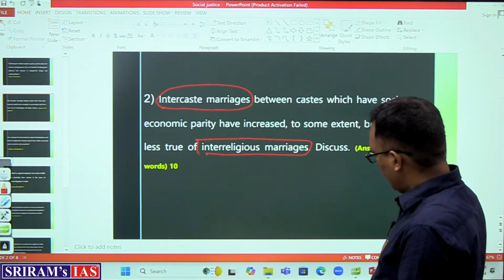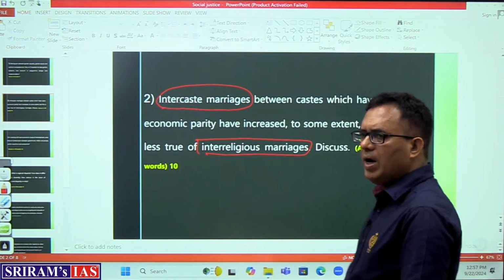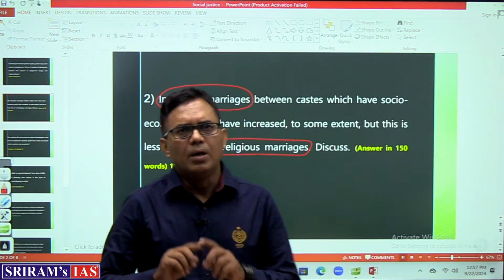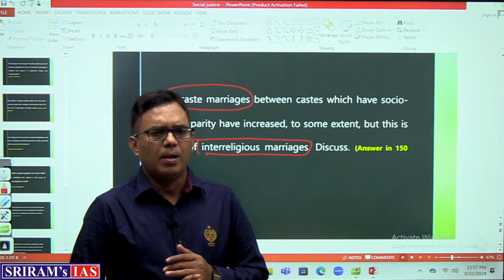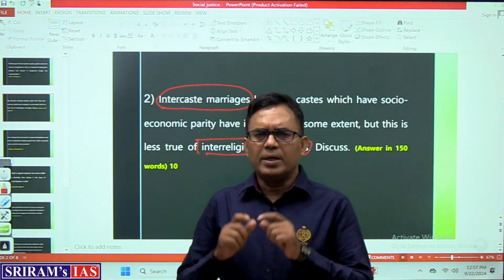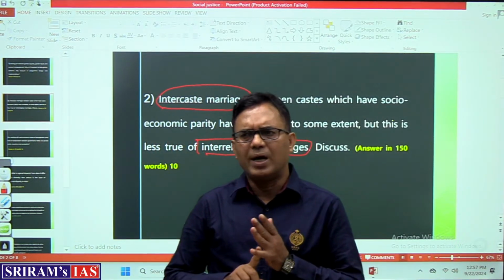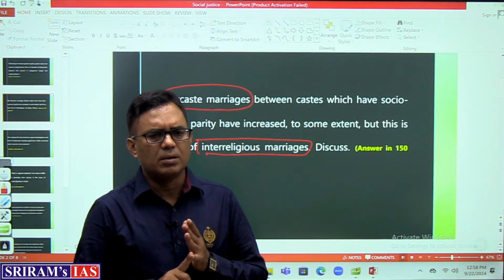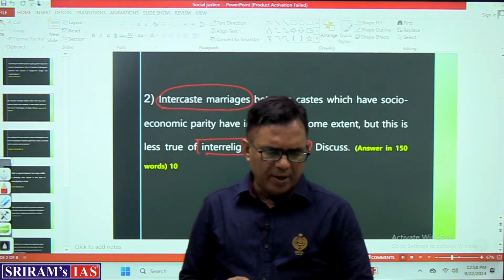But if we think about the interreligious marriage in our society, when we go for interreligious marriage, we have this problem. Interreligious marriage means rigid norms. First, compared to caste, we have less opportunity for interreligious marriage.